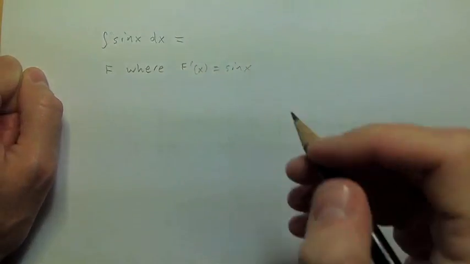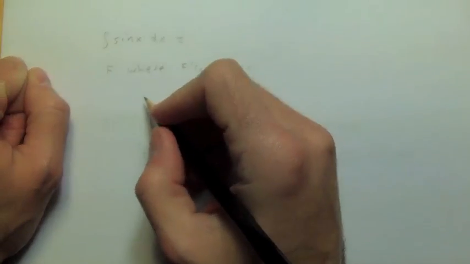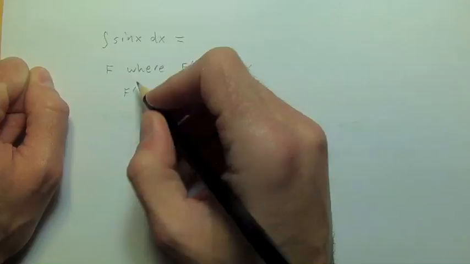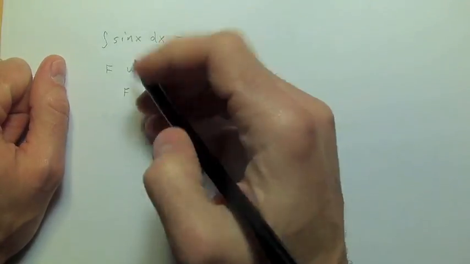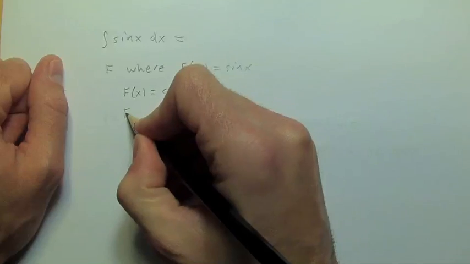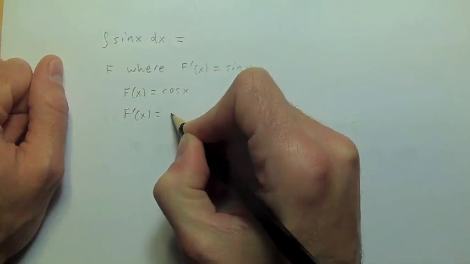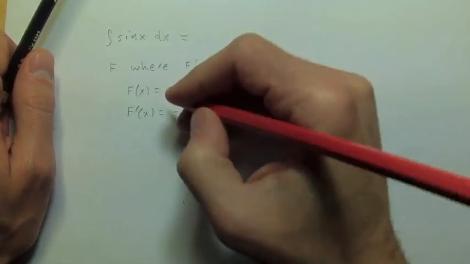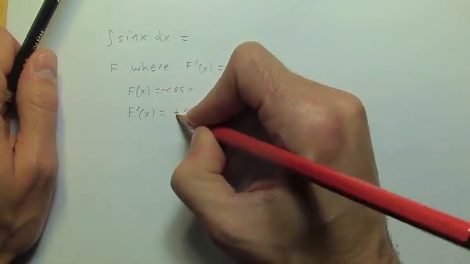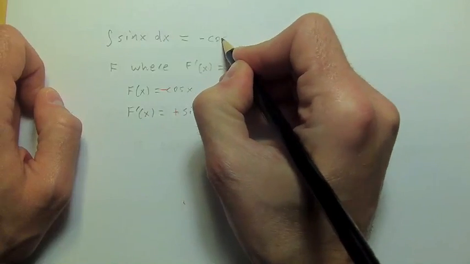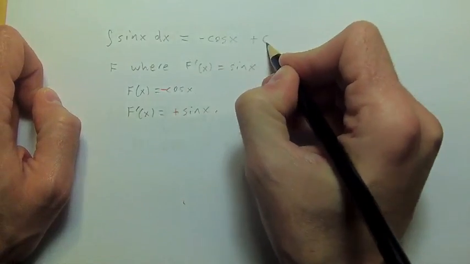All right, so you might think cosine, but if you chose capital F of x to be cosine, then capital F prime of x would be negative sine. So we actually have to incorporate a negative into it to get the answer. So the answer is actually going to be negative cosine of x plus c.